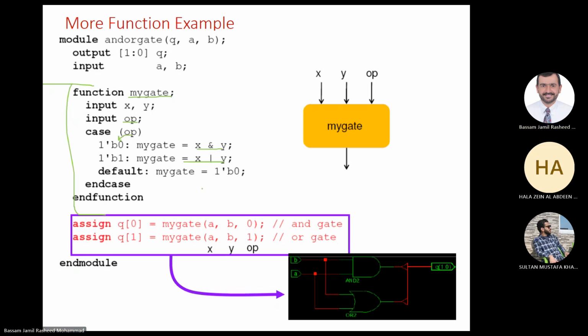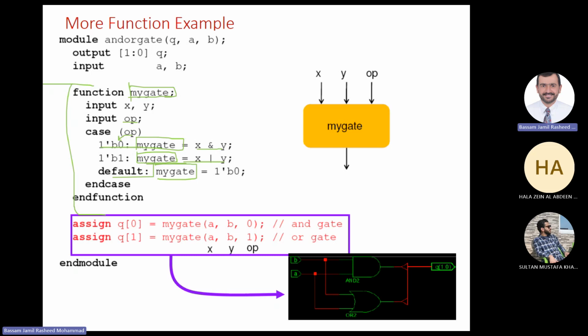Okay, so this is the function and the output. Notice the name of the function is my gate, and my gate here gets the value of the output of the function. As we said, the function output goes to the gate name, to the function name.